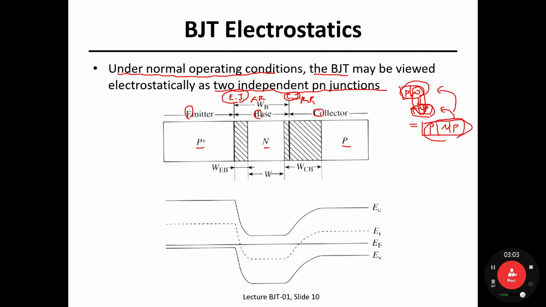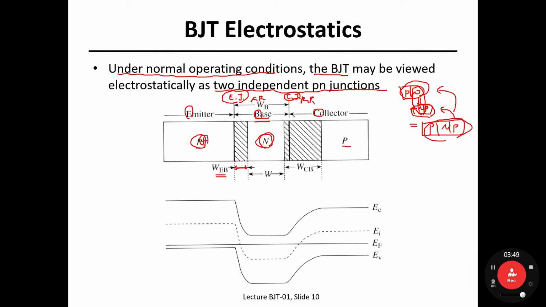As you have already learned, the depletion layer is formed between the emitter and base regions. But notice that the P-type doped emitter is more heavily doped, so most of the depletion layer is formed in the lightly doped side, in this case the N-type base region. That's why this shaded area is drawn mostly in the N side. This depletion layer width is denoted as W sub EB, the emitter base depletion layer width.